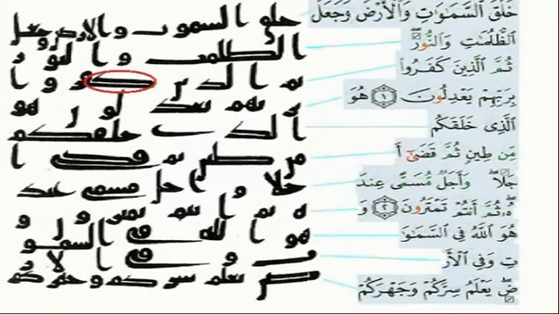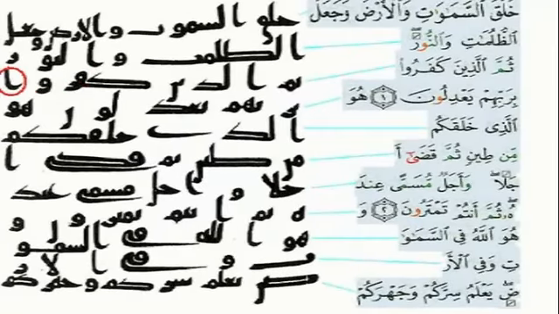Alhamdulillahi alladhi khalaqa as-samawati. No dots here. Wal arda. Wa ja'ala. See, this is Jim, Ain, Lam. Ja'ala al-dhulumati wan-nur. Thumma alladhina kafaru. Kafara, this is alif.